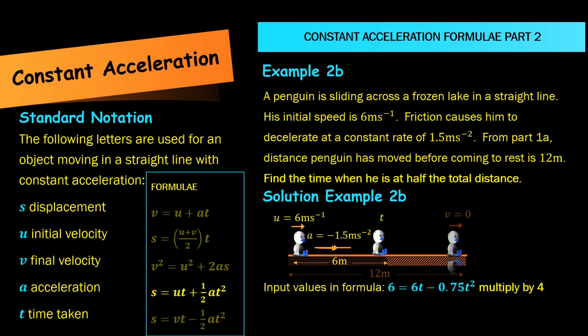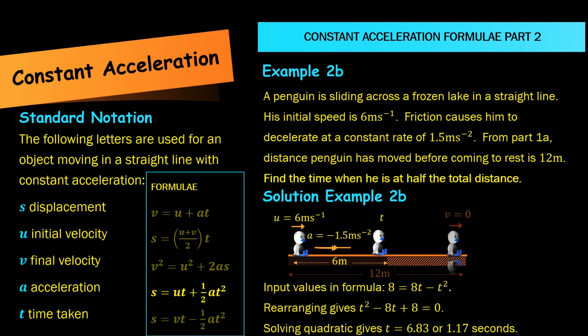So we multiply out by 4 in order to get a nicer presentation of the formula, and tidy up. And solve the quadratic, to give t equals 6.83 or 1.17 seconds.